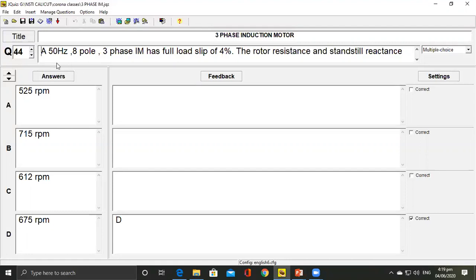The next we have to go to the 44th question. A 50 hertz 8-pole 3-phase induction motor has a full load slip of 4%. The rotor resistance and standstill reactance are 0.01 and 0.1 ohm respectively.